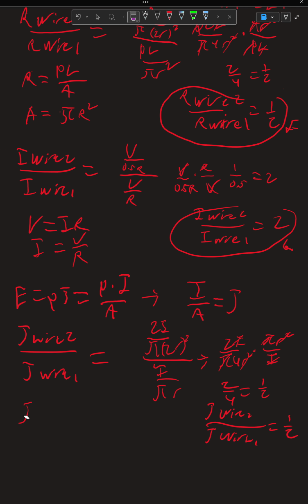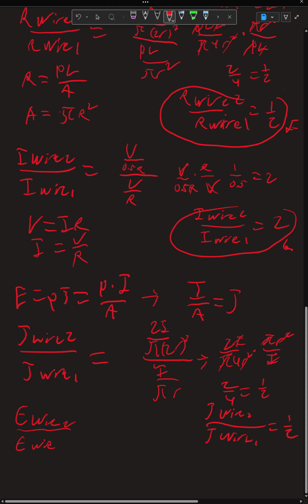So E wire 2 over E wire 1. Plug everything in, it's going to be P, which is the same, times 0.5 J over PJ.